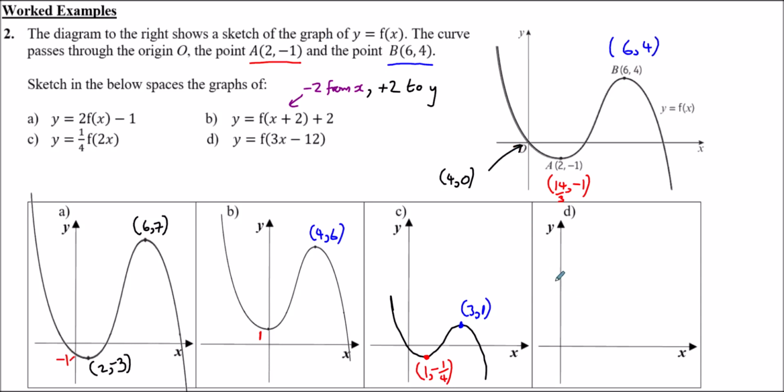So it's going to be something like this. Goes lower and higher, and then back down again. So A dashed, if you like, that's now going to be 14 thirds, minus 1, and B will be the point 6 and 4.